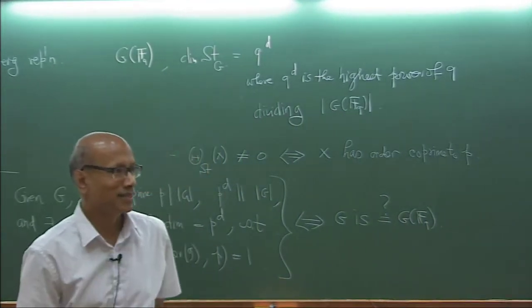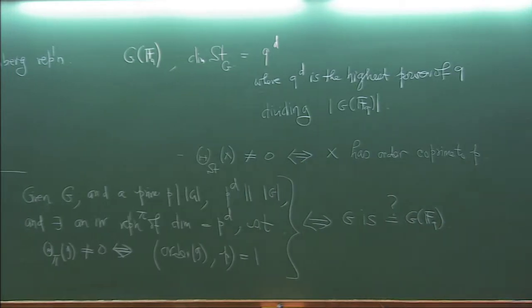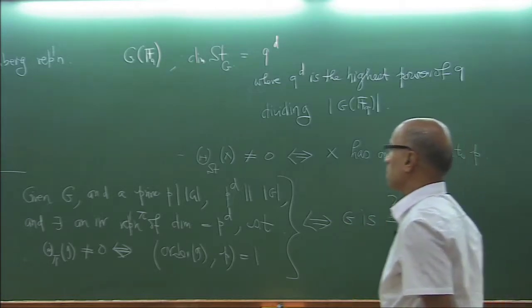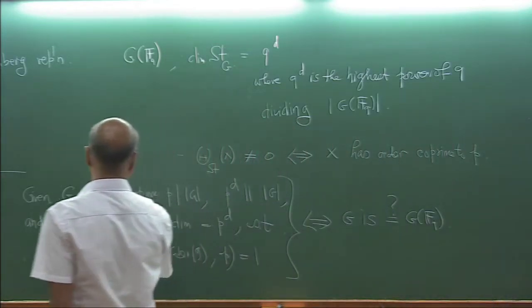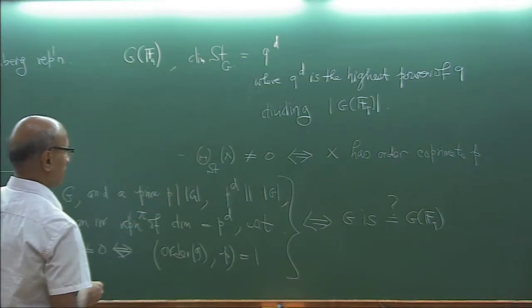I am not suggesting this is true, but if you have a group and a prime and a maximal power, somehow this allows you to think Lie theoretically.